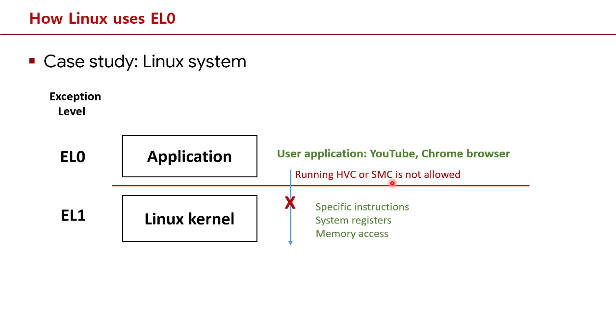If the software attempts to run these instructions, the ARM core will generate an exception. As repeated, these assembly instructions require privilege level 1. That means software at exception level 0, that is with privilege level 0, cannot run these assembly instructions.